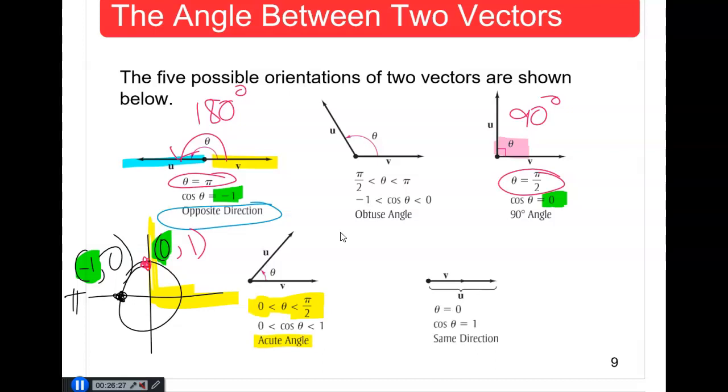So right there, the cosine is gonna be between 0 and 1. And again, if the angle was to be 0, which in this case is not included because we don't have the equal part of the symbols, the cosine there will be a 1. And so you could see that the cosine will go from 0, because we write the small number first, to 1, if the angle is acute.